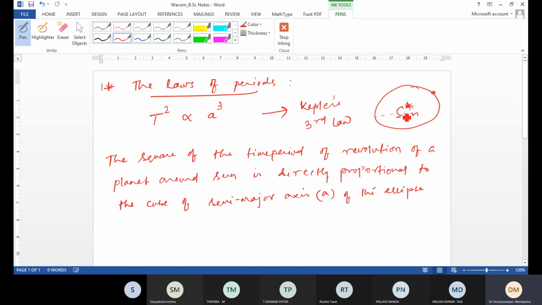So you must know that this one is your semi-major axis and this one is your semi-minor axis.